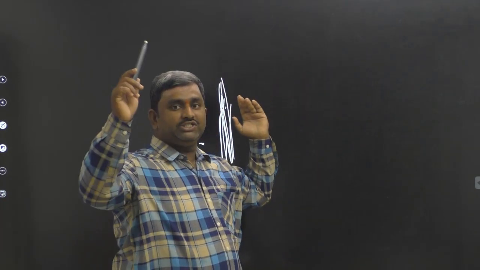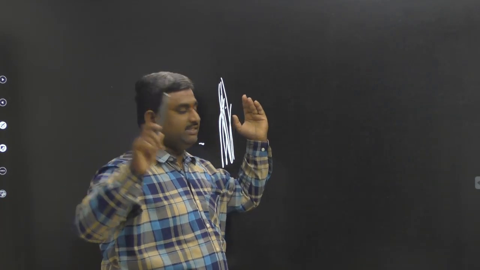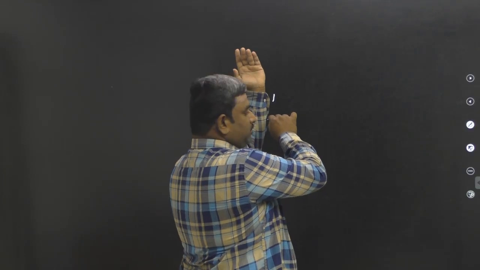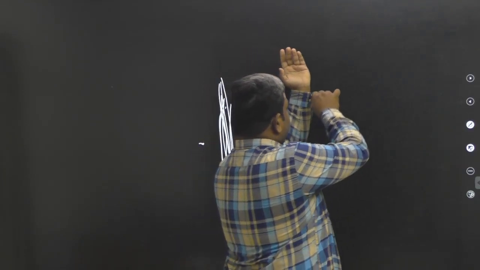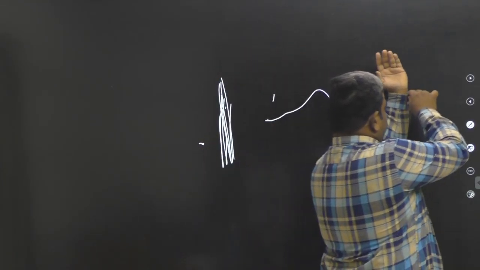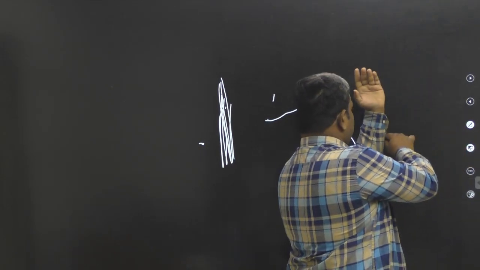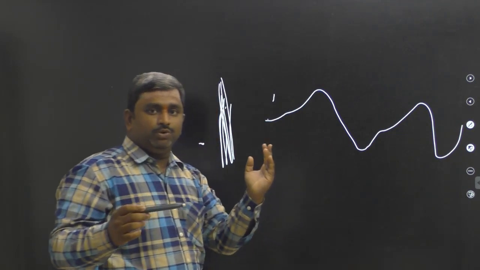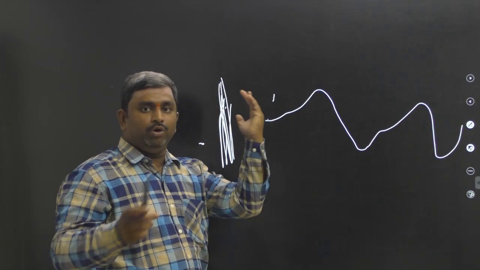Now see here. The arm is moving and the stylus is also moving. So see here carefully. Here, the arm is moved and the stylus is also moved. Both are moving.